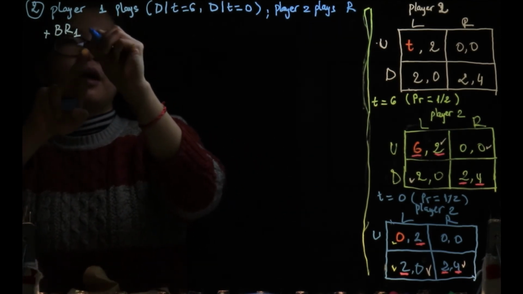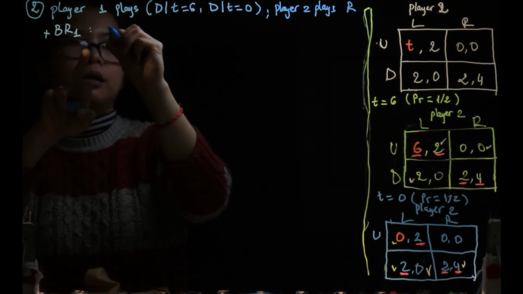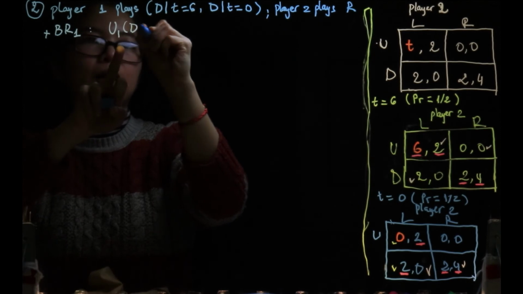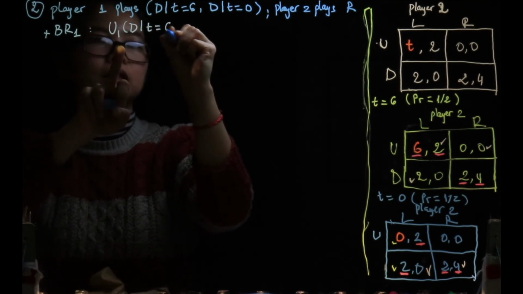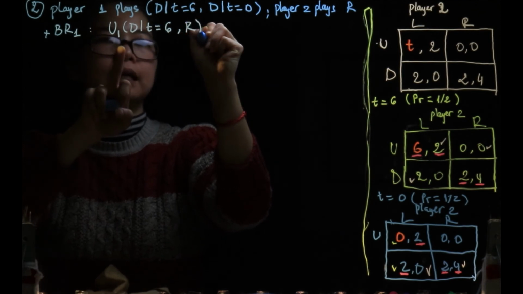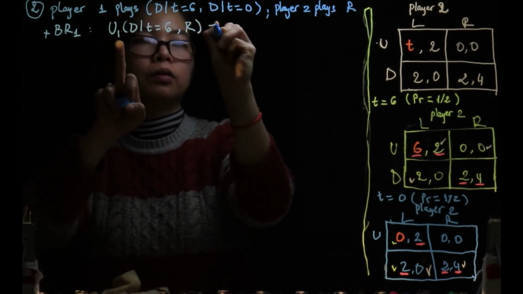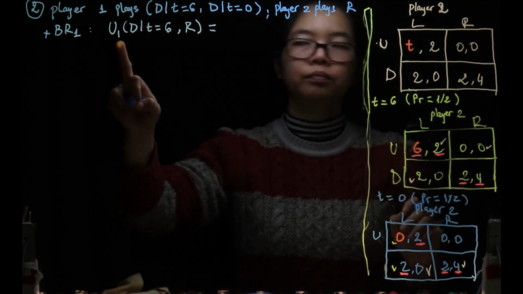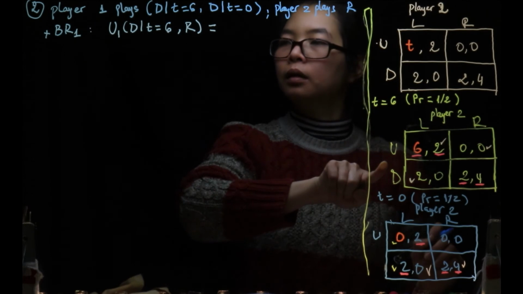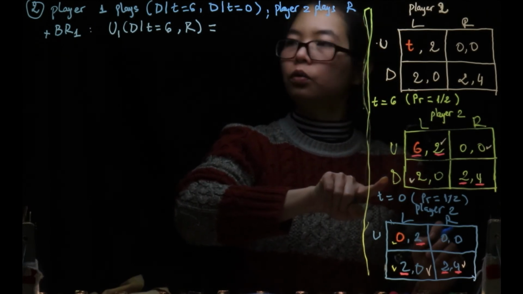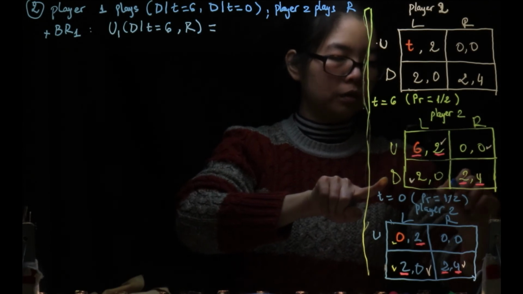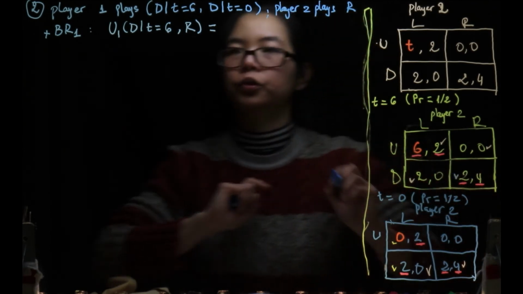So if he plays down when his type is 6 and player 2 plays right, his payoff will be, type 6, second table, down, second row, right, second column, this cell, payoff of the first player, so 2.